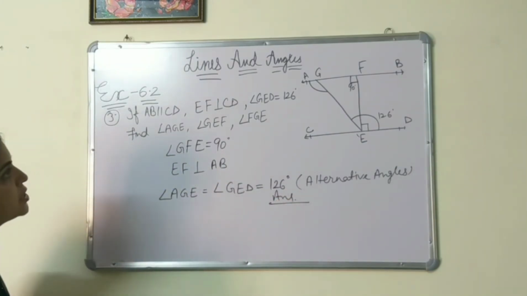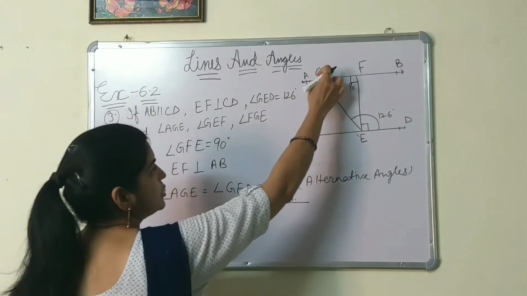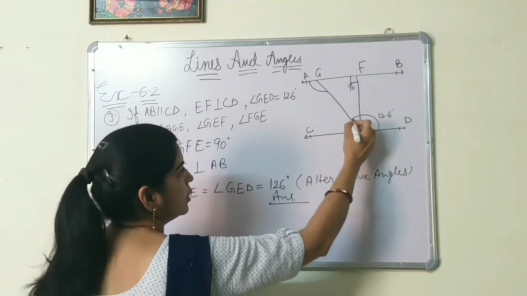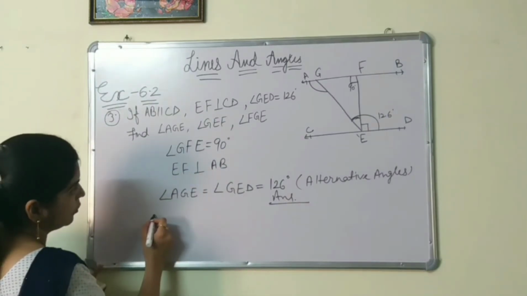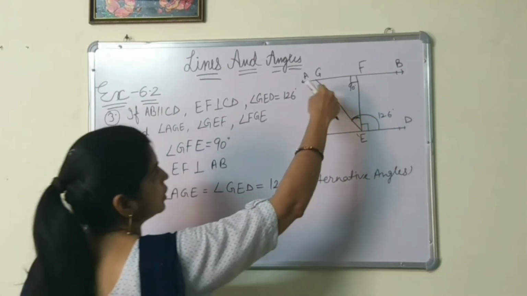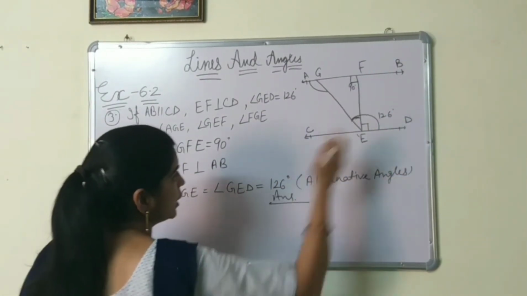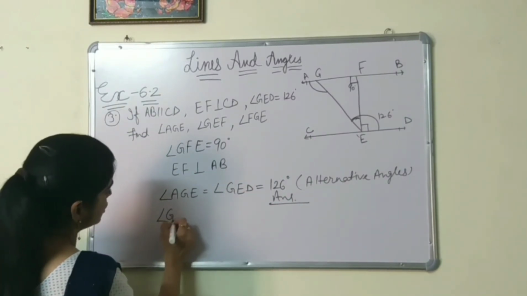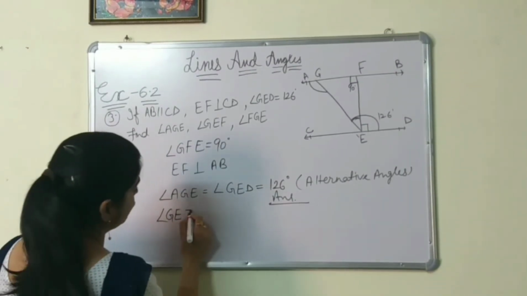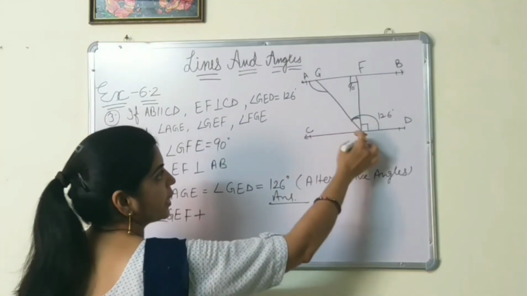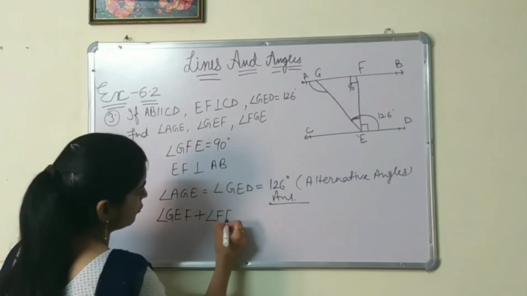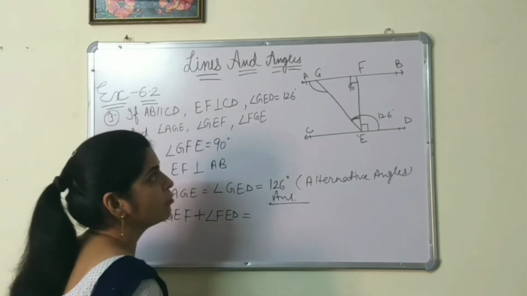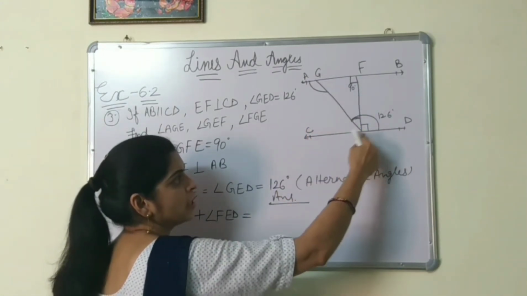Next is angle GEF. This angle we have to find out. As we know that angle GEF plus angle FED is equal to angle GED.